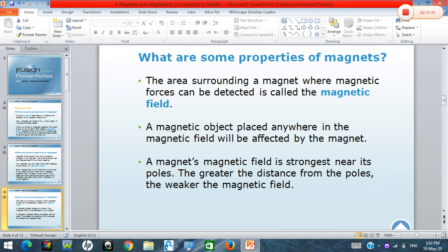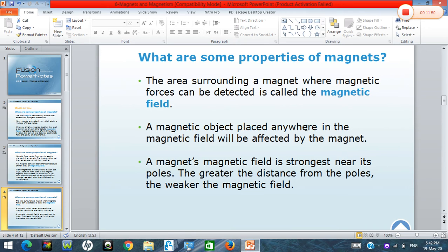Which one of these groups will attract strongly to the magnet? The first iron nails, blue colors in the small circle, or the red colors in the big circle?